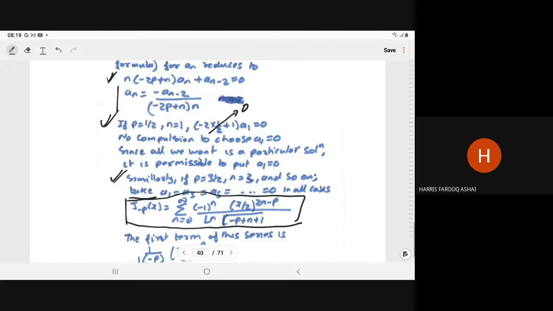So you are getting the same J of minus p in that case also. So J of minus p will become the summation n is equal to 0 to infinity, minus 1 to power n, x by 2 to power 2n minus p, upon factorial n into gamma of n minus p plus 1.